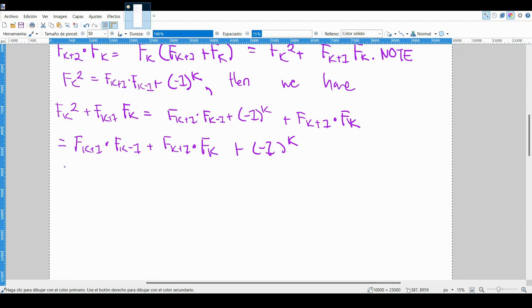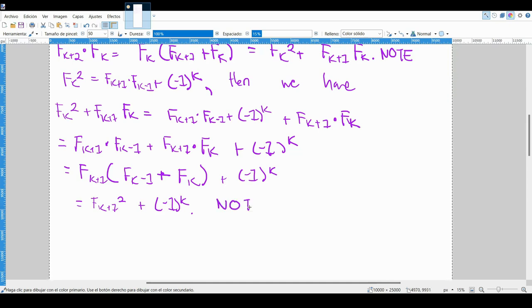We can factor out the fk plus 1 here, so we'll have fk plus 1 times fk minus 1 plus fk, plus negative 1 to the power of k. Here, we can see that this actually just equals fk plus 1. So we'll have fk plus 1 squared plus negative 1 to the k.